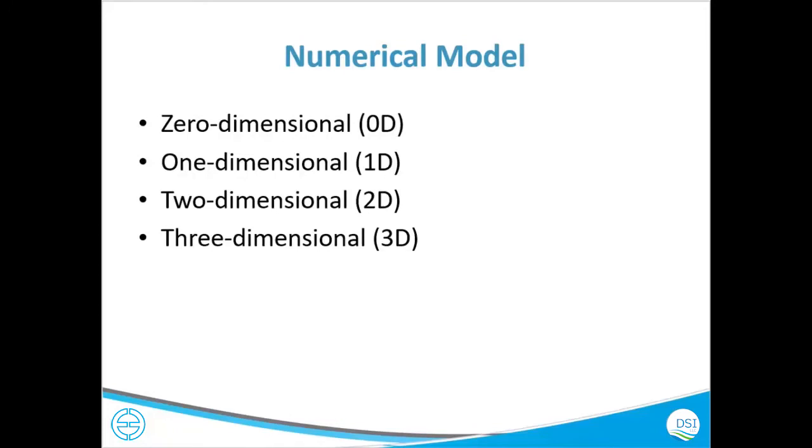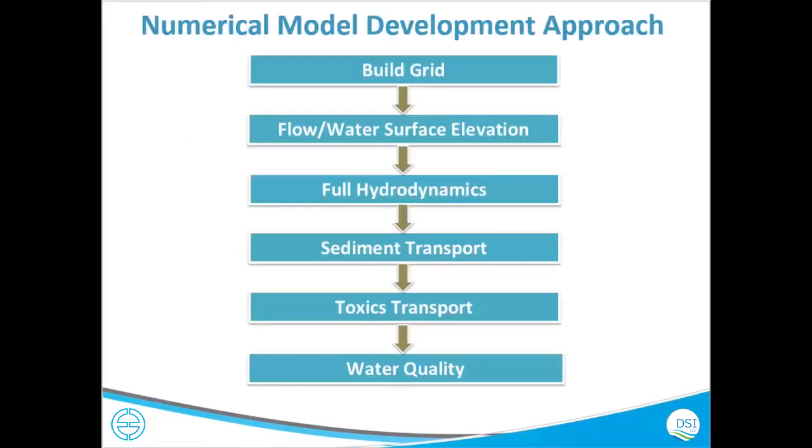Zero-dimensional is just like a box model. You say it's a water body that is not changing with space. It's not mixing, it's not changing with time. You can just plug in an equation and find out what's going on in that particular system. 1D, 2D, 3D already explained.